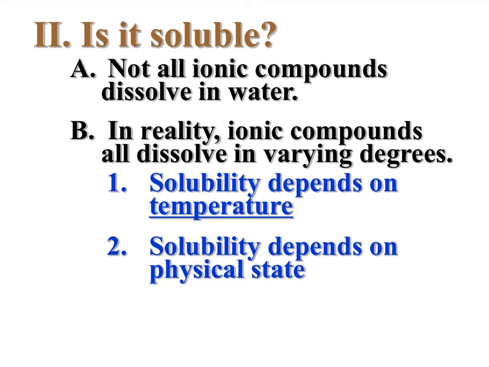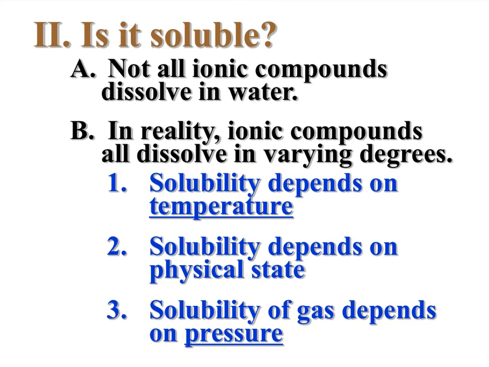So not all ionic compounds are dissolved in water. The solubility depends on temperature. Solubility also depends on the physical state of the material. Solubility of gas depends on pressure. So every time you open a Coke can, you release the pressure, and then you see the soda bubbling up as the carbon dioxide comes out of solution.